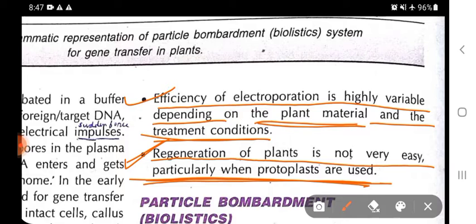So in these two cases, when we introduce the gene and then want to regenerate that particular cell into plant cells through tissue culture technique, it is very difficult to regenerate into plants or plantlets. It is not a very easy job.